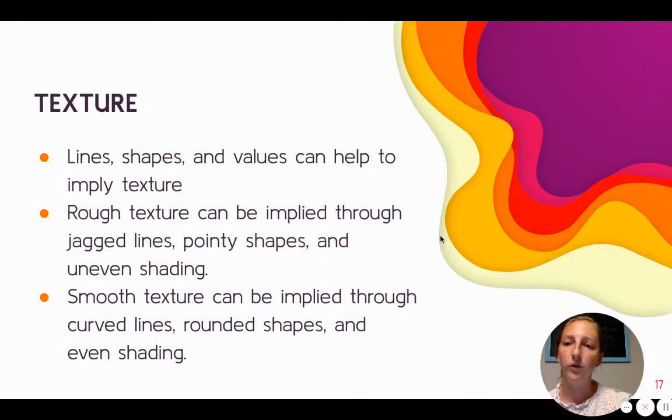So there's different ways that you can create an illusion of texture. Line, shape, and value are crucial to help you imply that texture. Rough texture can be implied through jagged lines and pointy shapes and uneven shading, while smooth texture, you want to use curved lines, rounded shapes, and even shading.